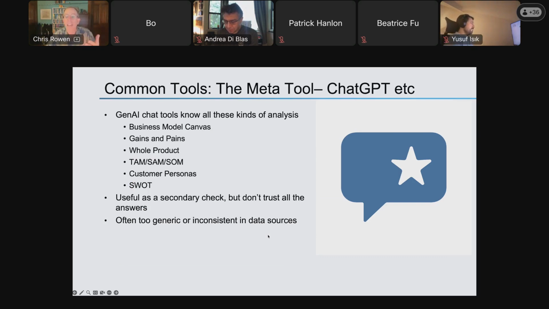And finally, I would say that ChatGPT is a powerful tool in the hands of this, in part because these tools know this is the Uber tool. This is a tool that knows all the other tools.